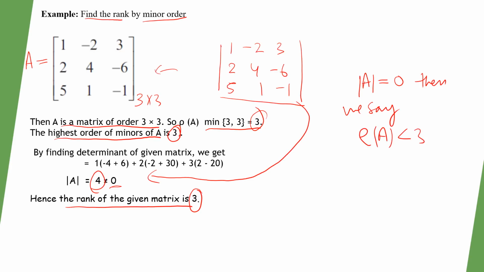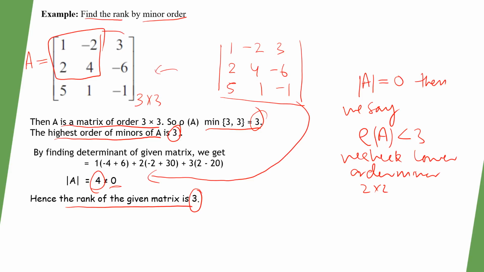It is less than 3. In that condition we check the lower order minor, that is 2 cross 2, which may be like this or this or this or this.